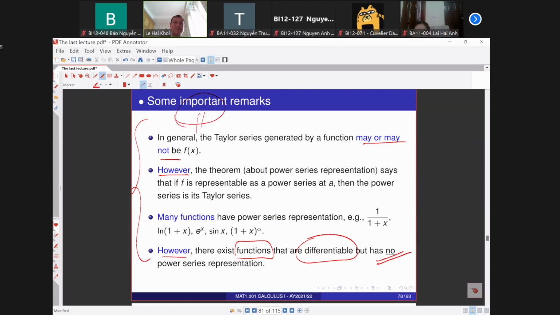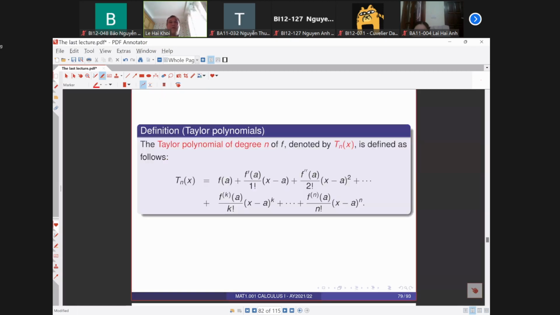They are important. Okay. So now from power series, you have Taylor series as a special case generated by F. And having in your hand the Taylor series, you stop at some power.